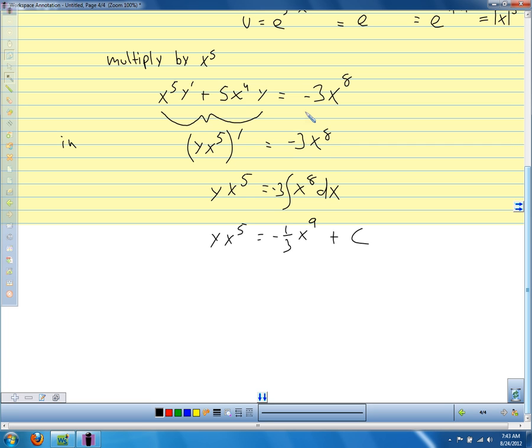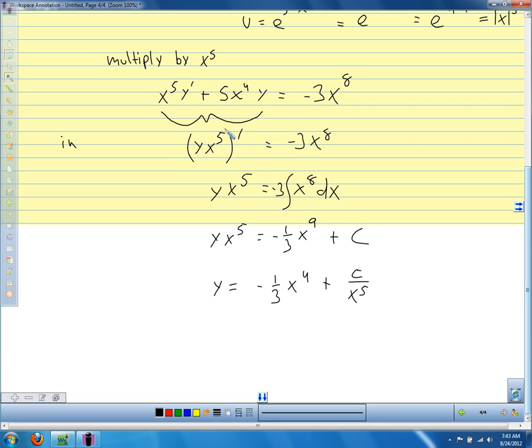Okay? All right. And now I just divide by x to the 5th. So y, finally, my general solution is minus 1/3 x to the 4th plus c over x to the 5th. And if we knew initial conditions, we could solve for our constant.